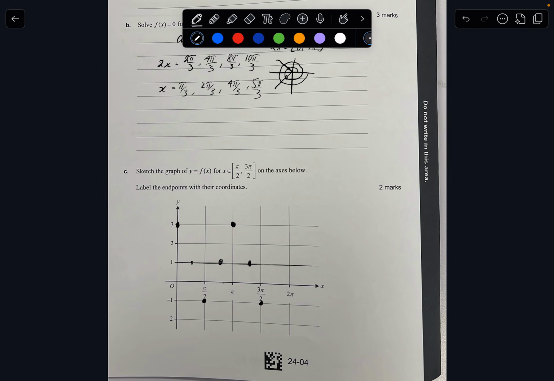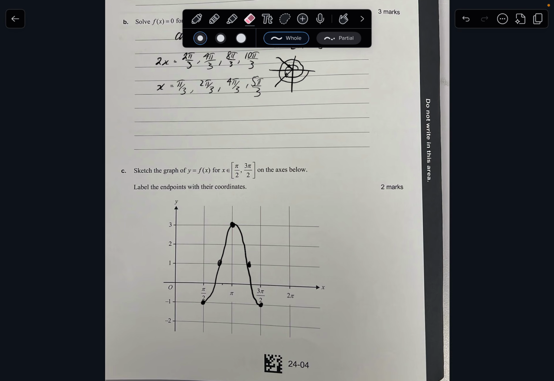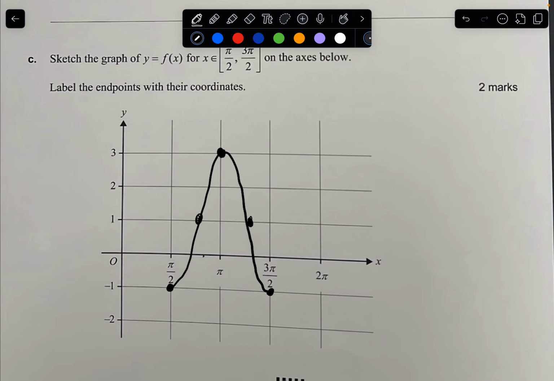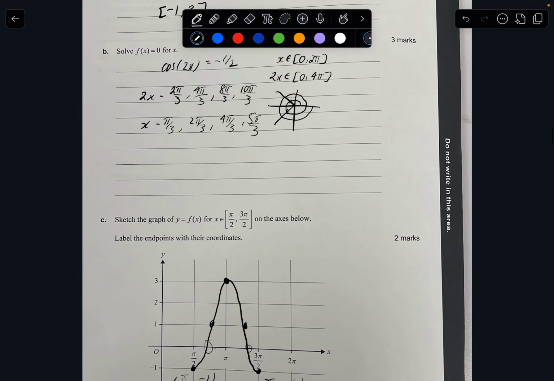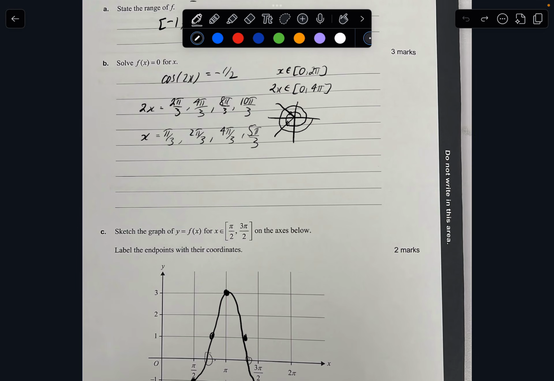So we basically just want this part. And then it just says label the endpoints. It doesn't say we need the x endpoints. So that will be pi over 2, negative 1, and 3 pi over 2, negative 1. You can also say these x-intercepts are going to be the two between pi over 2 and 3 pi over 2, so those.